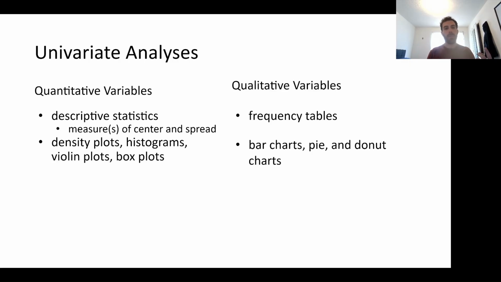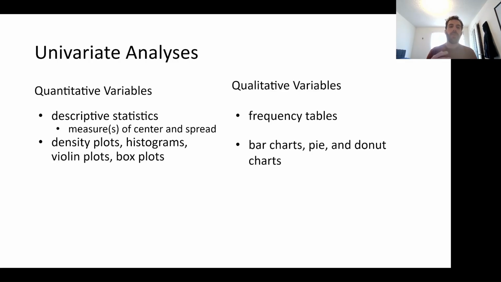Those are very informative, and it's a good starting point when you're looking at your variables. Again, make sure you include missing data here. After this analysis, you could make the decision to remove the data if you think it's missing at random. But as you're doing your descriptive statistics, you want to make sure you include all your data.